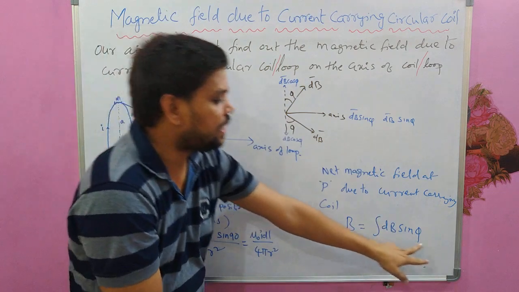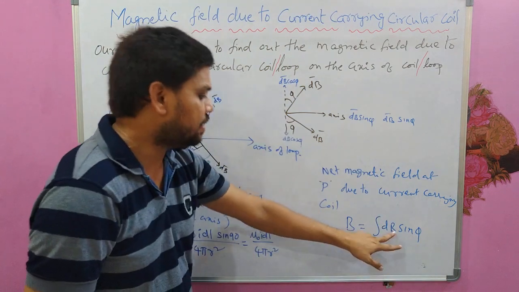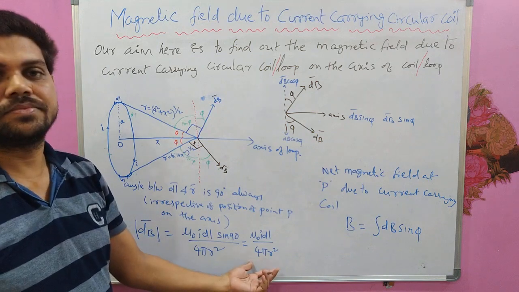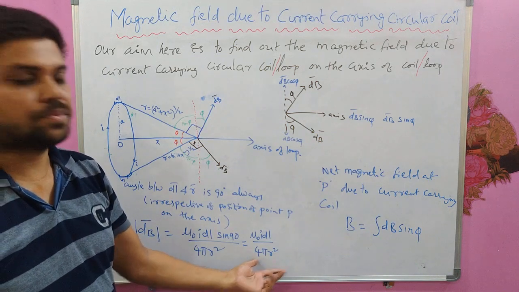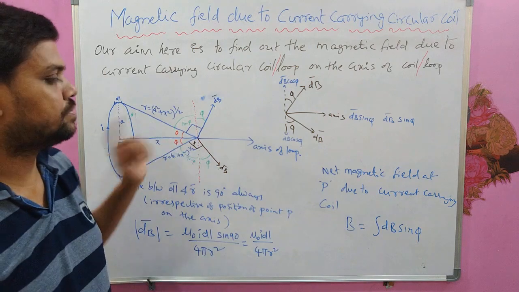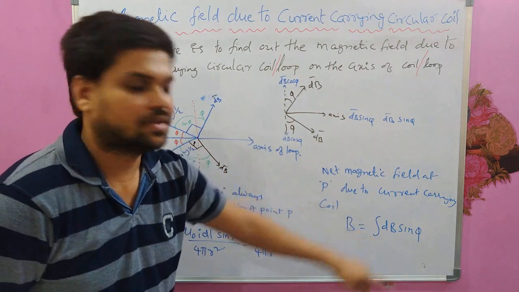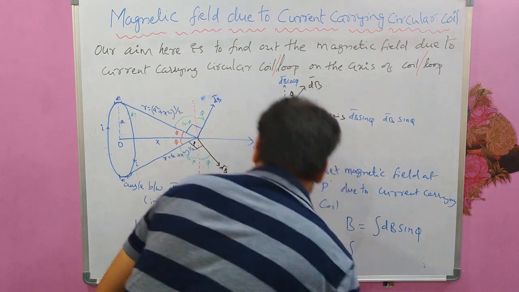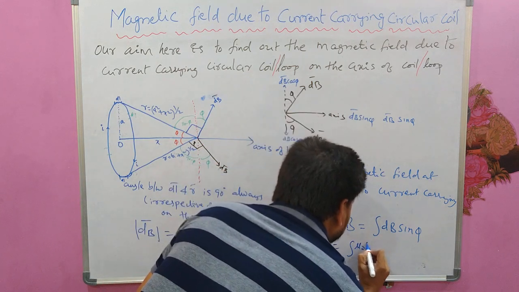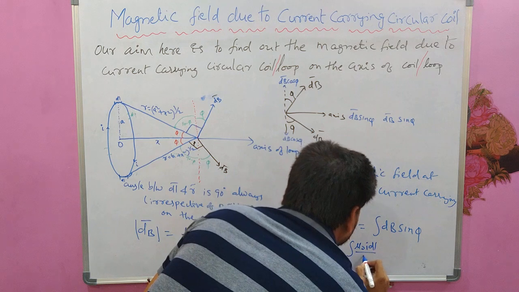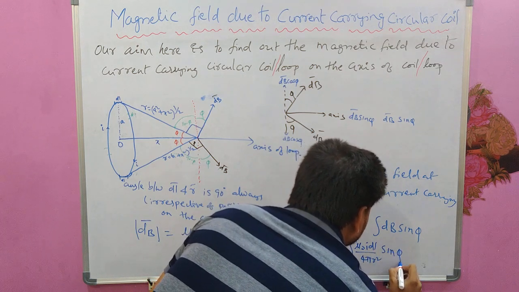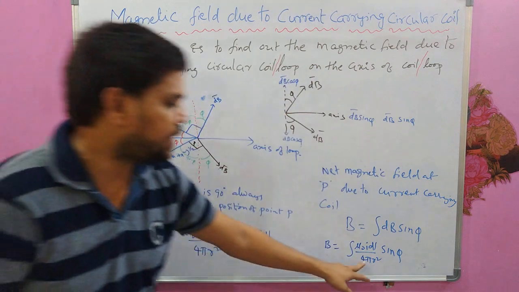So what is this dB? This dB is the magnitude produced by one small element. If I substitute that, I will get mu naught I dl by 4 pi r square, sin phi.